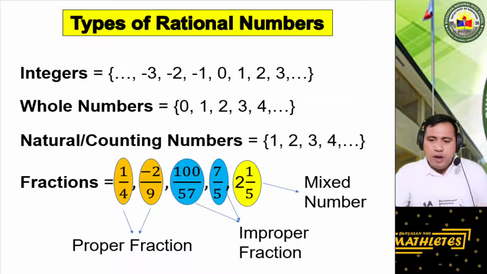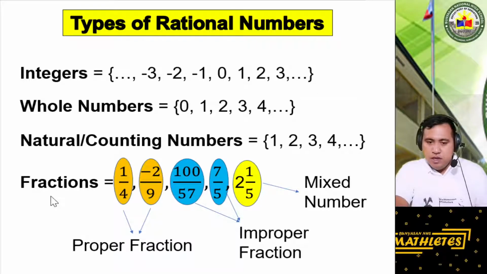The proper fractions are fractions in which the numerator is less than the denominator. For example, 1/4, the numerator is less than the denominator, which is 4.